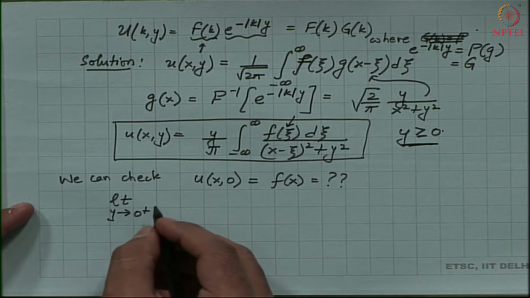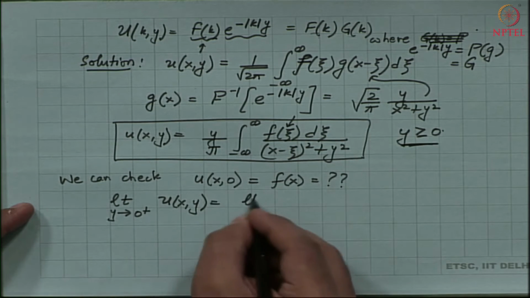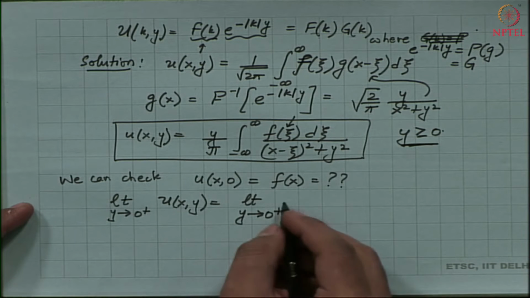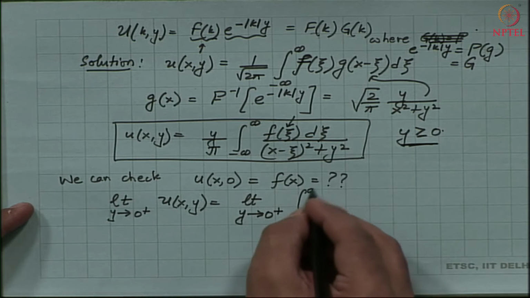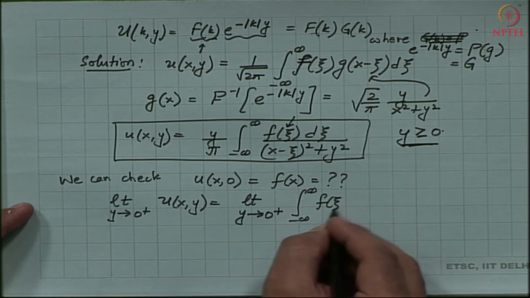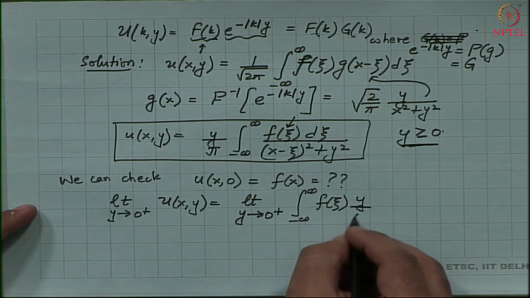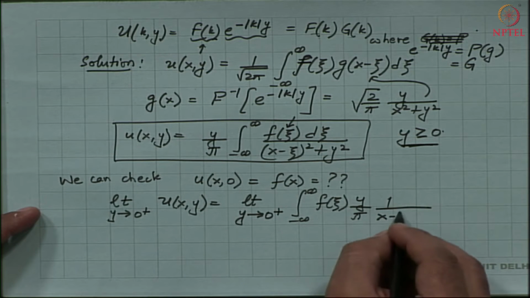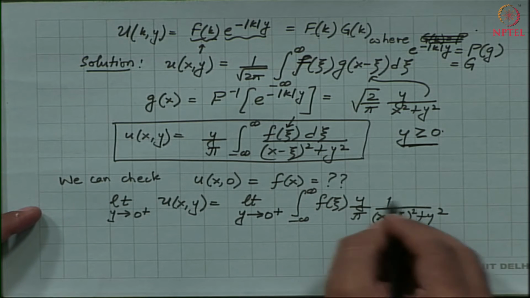So the limit y going to 0 plus of u of x comma y is the integral from negative infinity to infinity of f of zeta times y by pi times 1 by x minus zeta square plus y square d zeta.